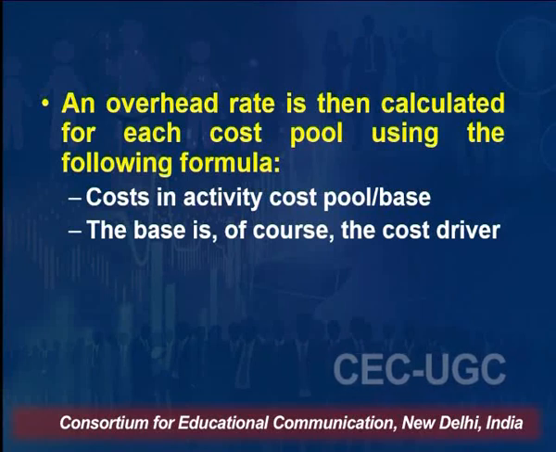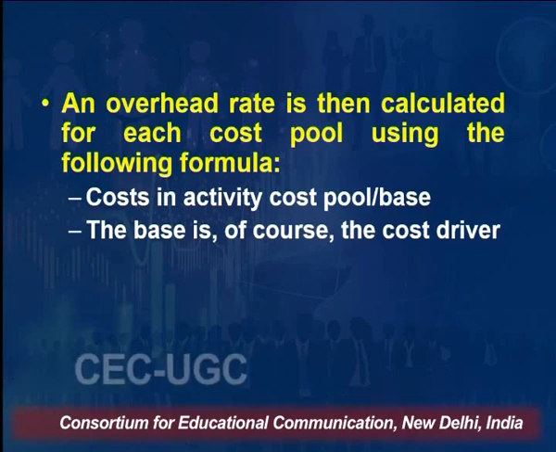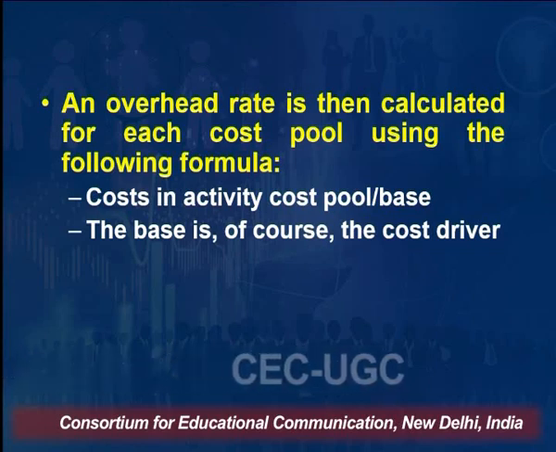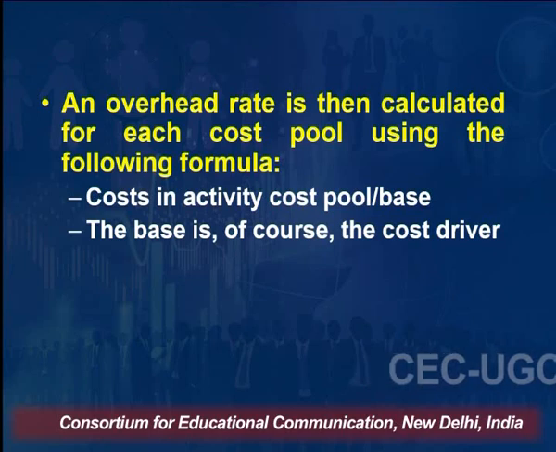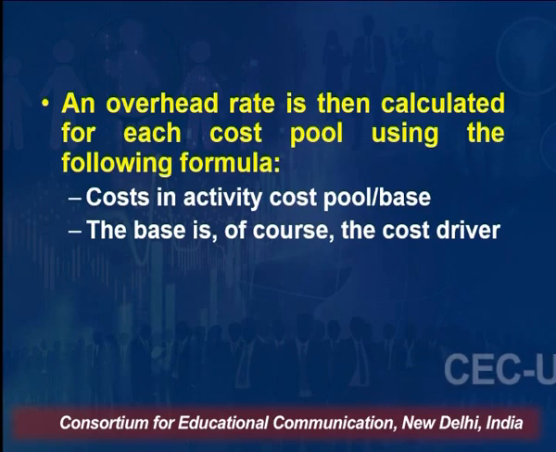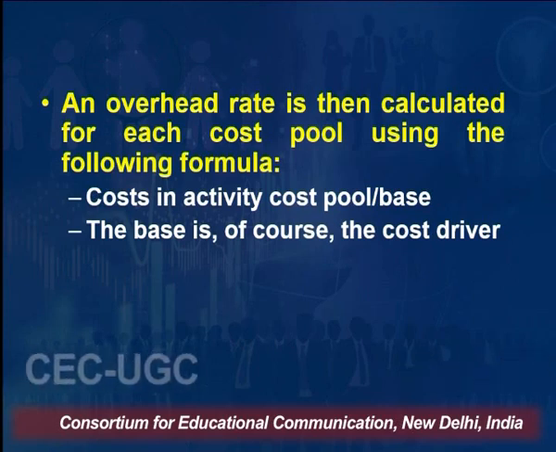After that, we calculate an overhead rate for each cost pool by using a formula, and the formula is very simple. Suppose your activity A is decided; you will call it the cost in the activity cost pool, and then it has to be divided by that particular base, and the base is nothing but your cost driver.